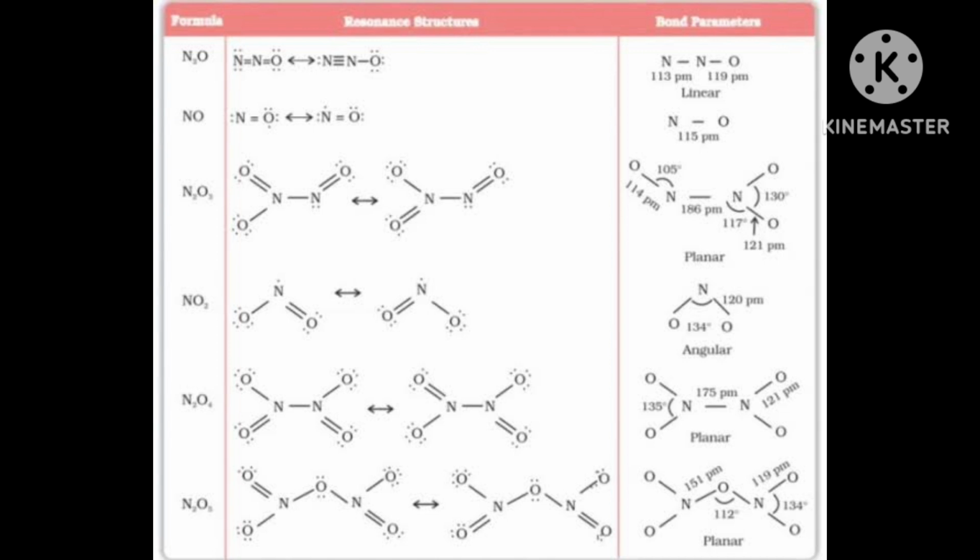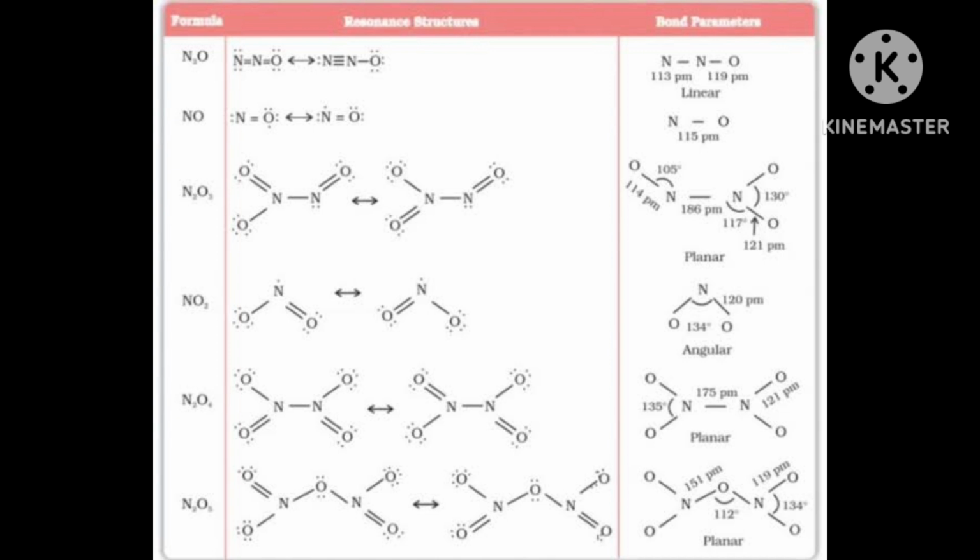In the NO single bond, 2 electrons are involved and 3 pairs are on oxygen, so 3 pairs means 6 electrons plus 2, 8 electrons.